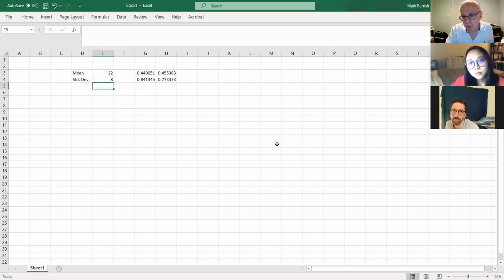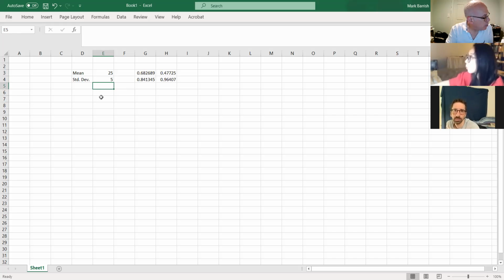So it's a good idea, I think, for the normal in Excel to use cells for the mean and standard deviation. Just put the numbers right in there. That way you don't make a mistake, because otherwise you're going to be repeating those same numbers and you could easily make a mistake. This cuts down on the number of mistakes you can make.